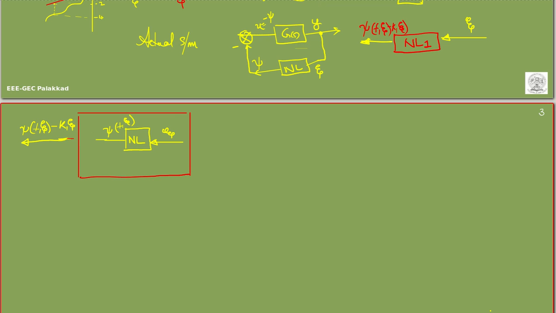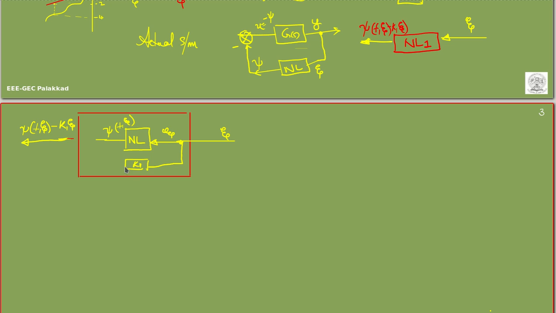When I give zeta as input to this new nonlinearity, I should get this output. So what should be connected in between? In order to get psi of t comma xi minus k1 zeta, I should put a negative feed forward here.